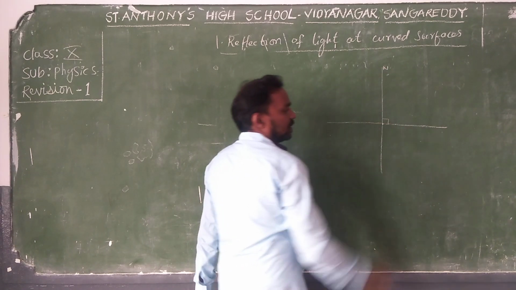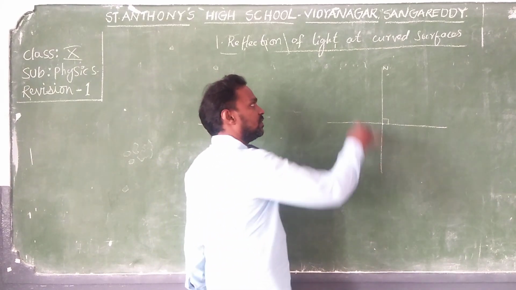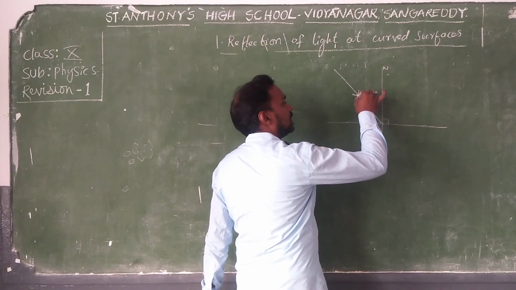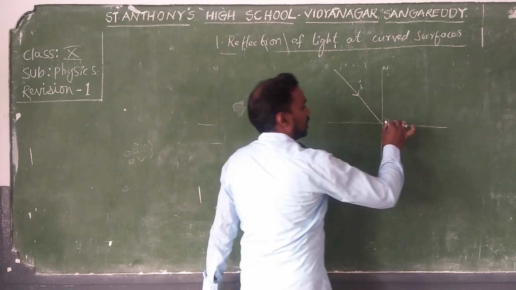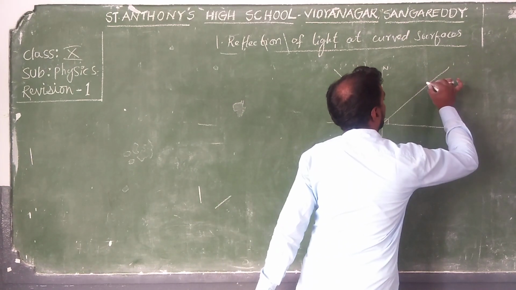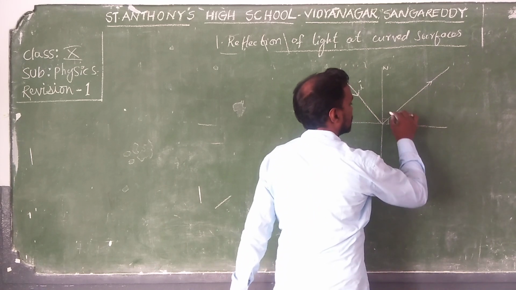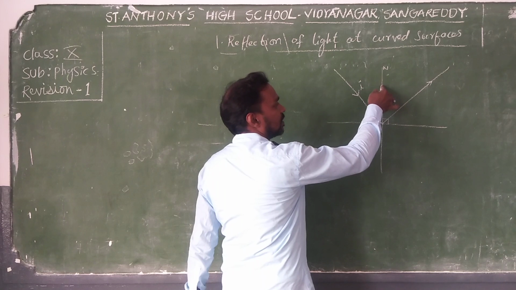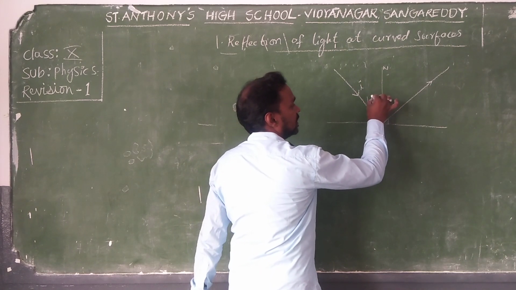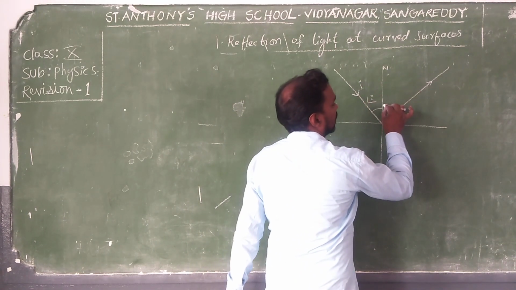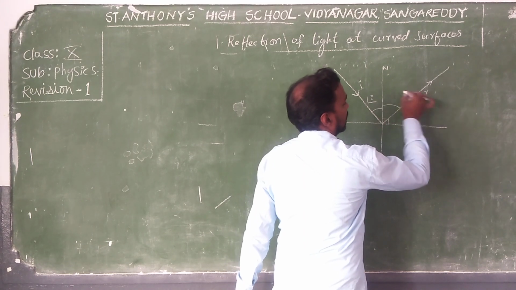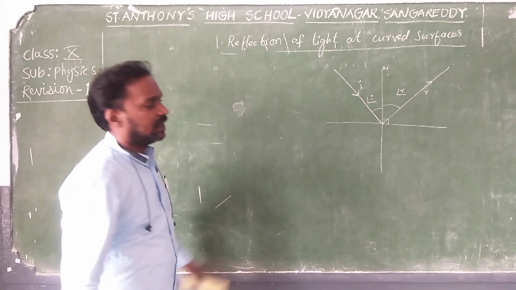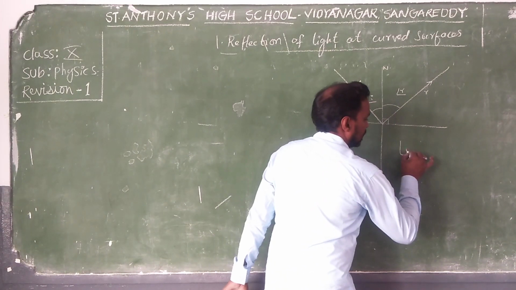This is called point O, the point of incidence. When the light is coming and hitting here, this is called the incident ray, and after hitting, it is sent back into the same medium. The angle between the incident ray and the normal is called the angle of incidence, and the angle between the normal and the reflected ray is called the angle of reflection. Angle of incidence is equal to angle of reflection.